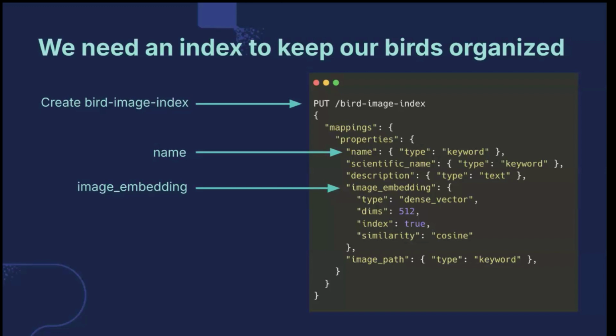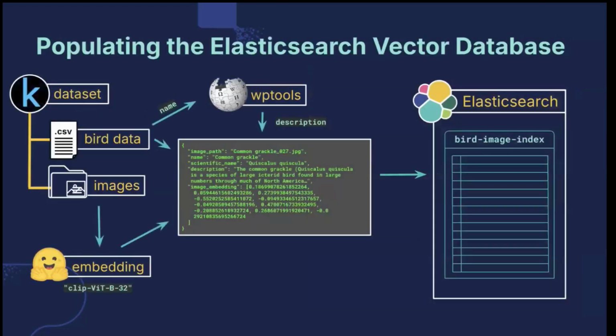So I have this image index going on, this bird image index. And I apologize, this looks like some red string on a wall deep under a basement, but this kind of just goes over my process of what I did to get this data. I took the Kaggle data set. I took the CSV of misspelled names, cleaned them up with WP tools.